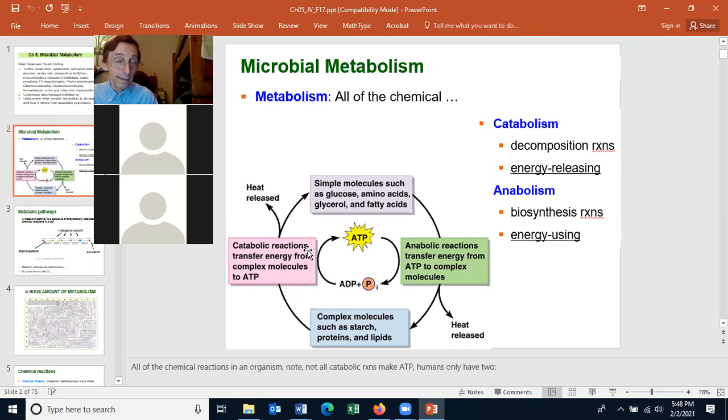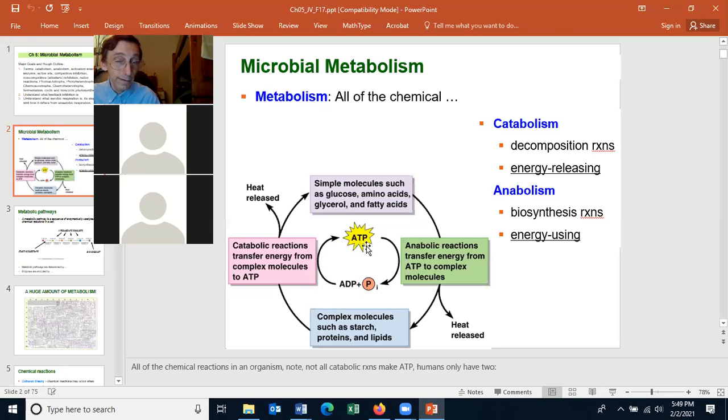But this slide is a little bit of a misnomer, because in animal cells there are only two chemical reactions that can happen where the energy from a complex molecule being switched to a simpler molecule can be used to generate ATP, meaning of all the chemical reactions going on in your cell, and there are thousands of them, only two of them can be used to generate ATP.